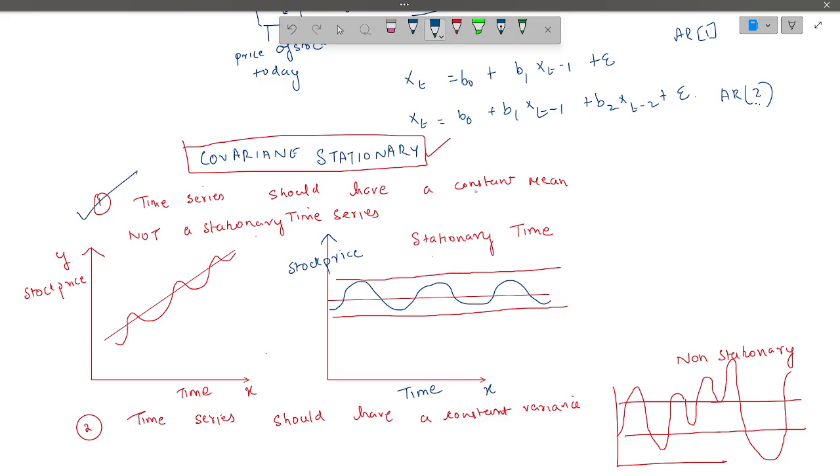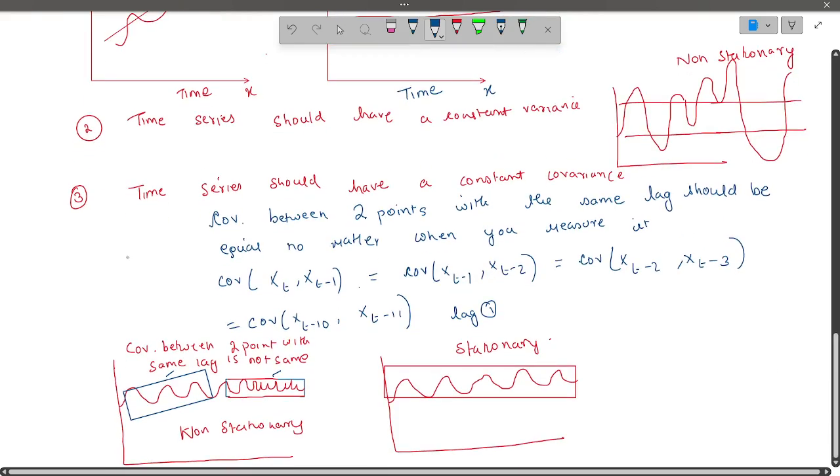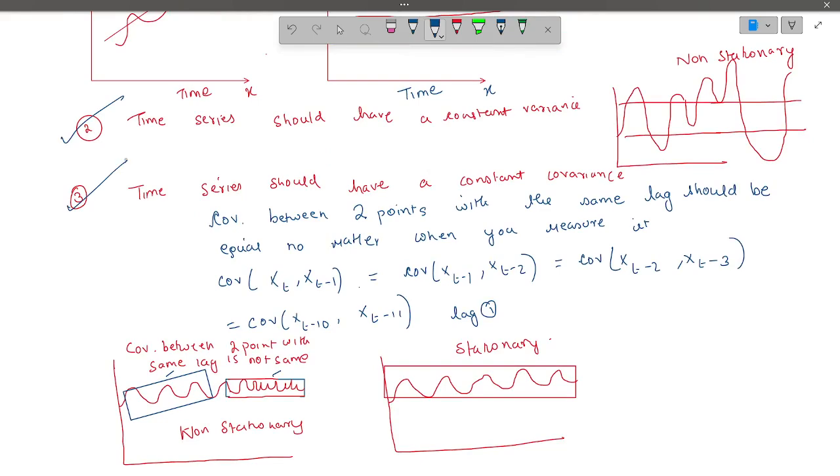First, time series should have a constant mean. Second, it should have a constant variance and a constant covariance. Having a constant covariance basically means covariance between 2 points with the same lag should be equal, right? So covariance is a function of the lag, not the time, right?